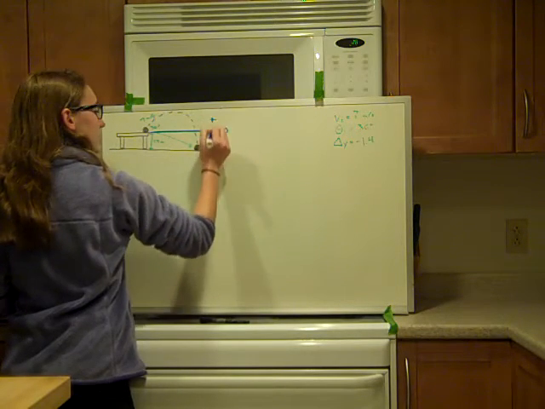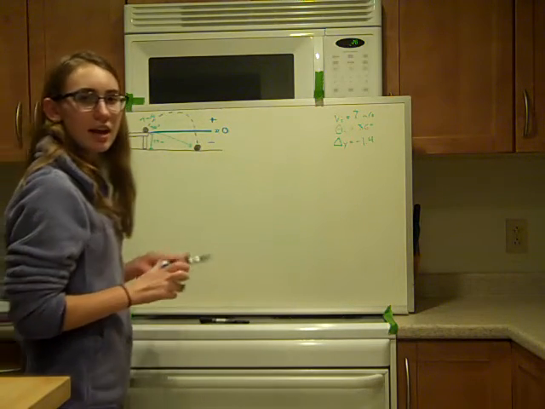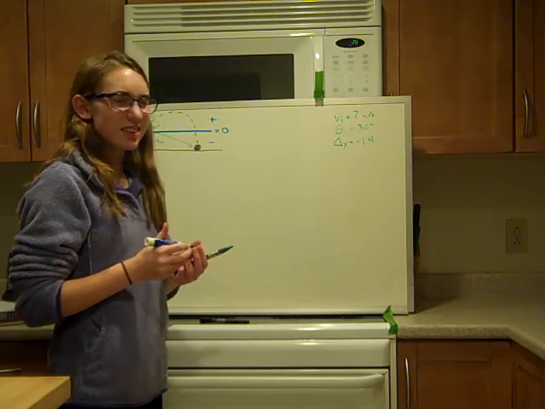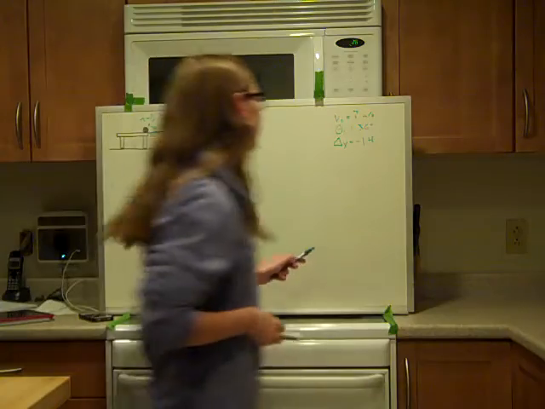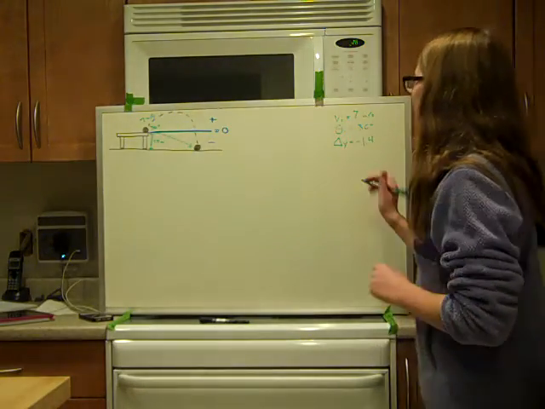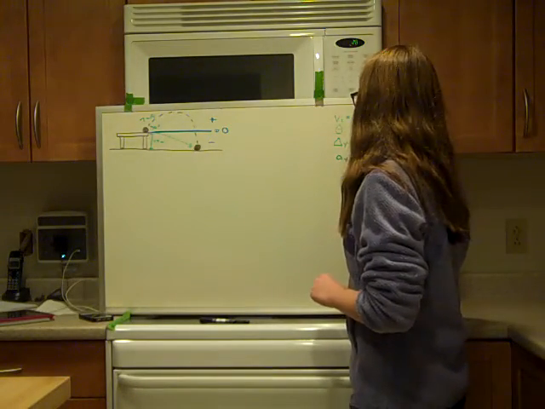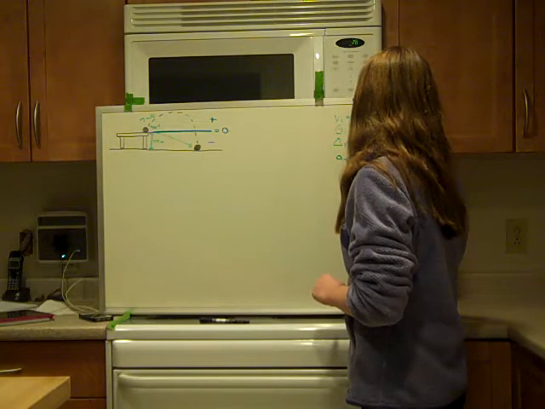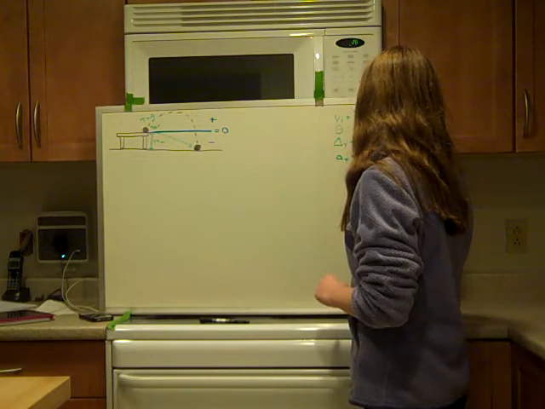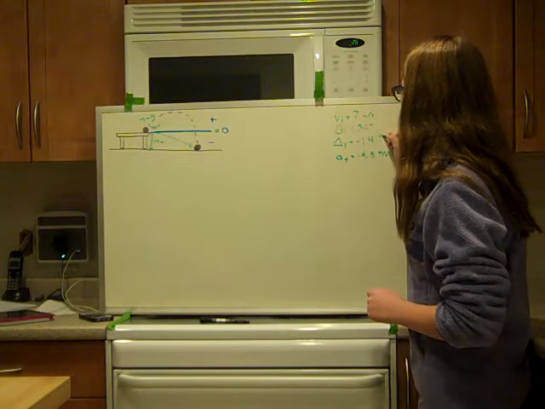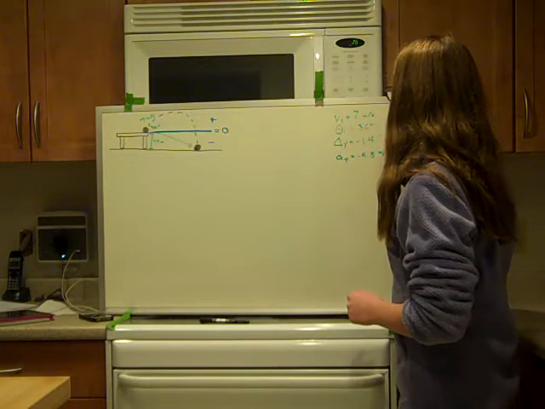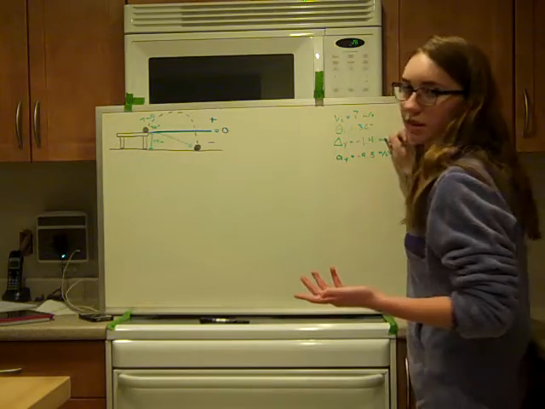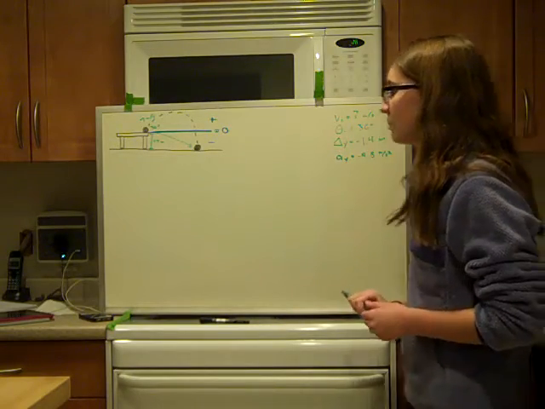Stuff above it is positive, stuff underneath it is negative, if that makes sense. I'm not sure if it does, but hopefully it does. I'll go more into that later. And then also, we know acceleration, AY, is going to be negative 9.8 meters per second squared. And we know that because that's gravity. That's pretty much a given.